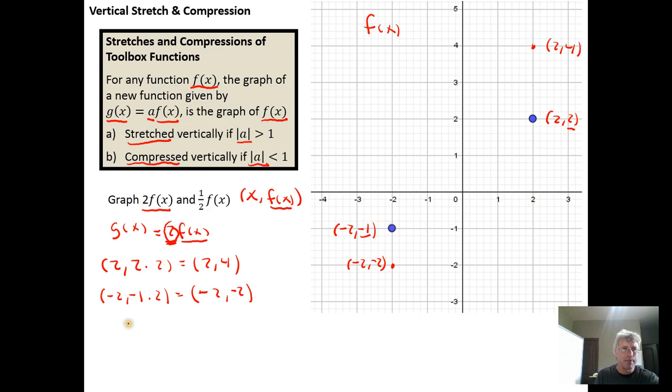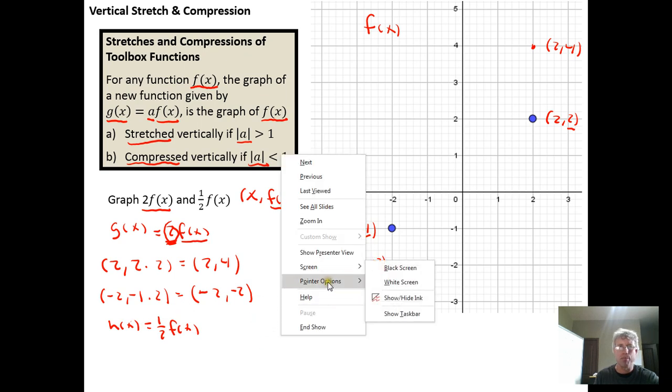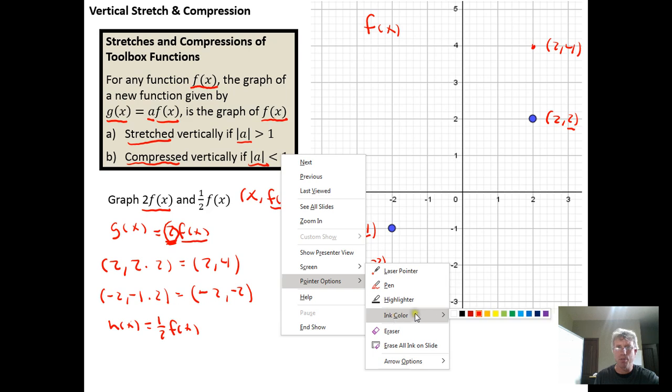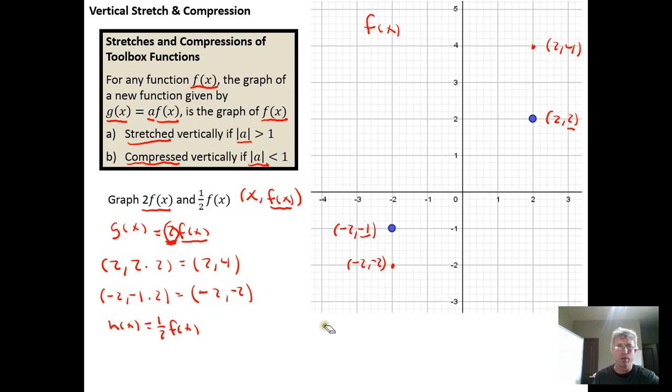The other guy is a function h of x equal to a half of f of x. Let me change the pen color here. Let's do a different color. He's going to take each output and multiply those outputs by a half.